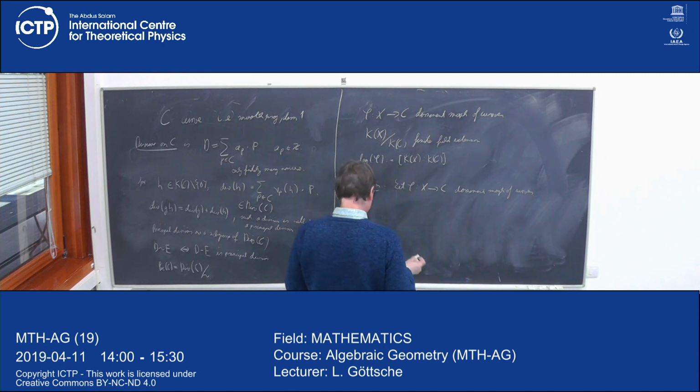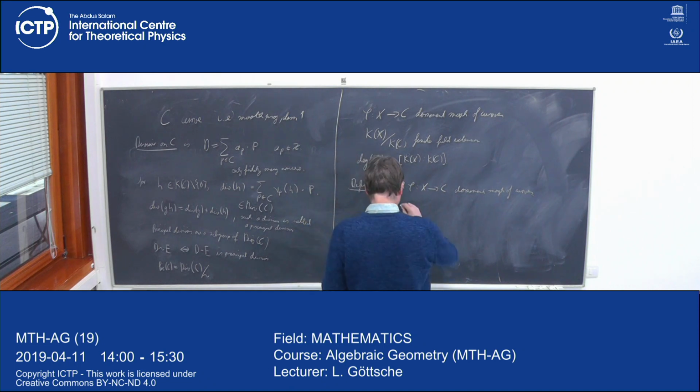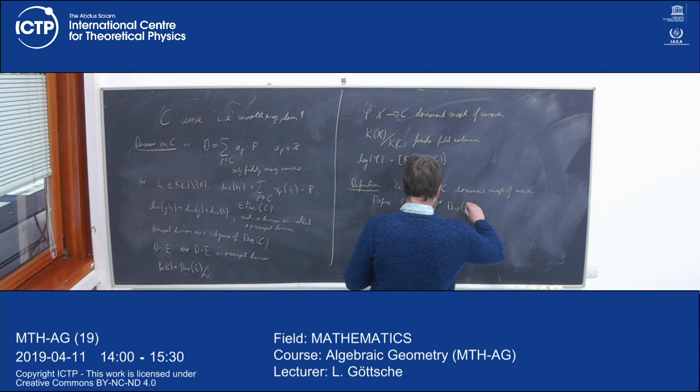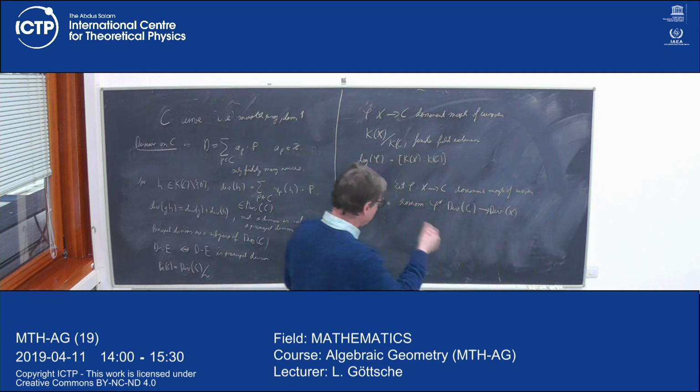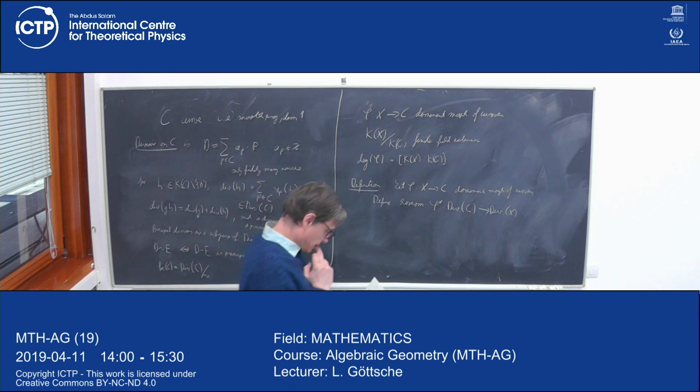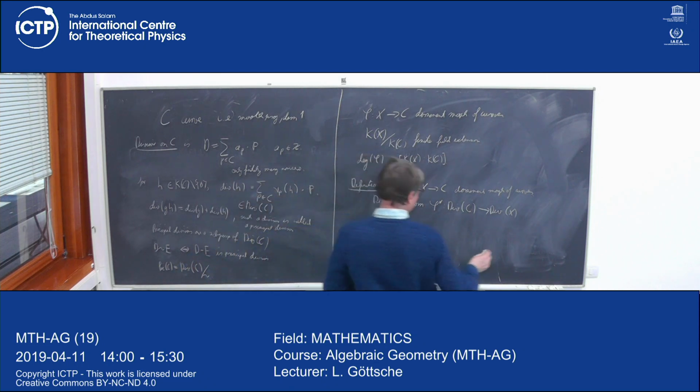We want to define a homomorphism phi star from the divisors of C to the divisors of X, which we can think of as the pullback of divisors, as follows.